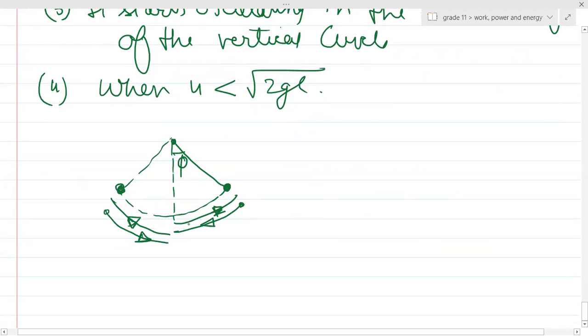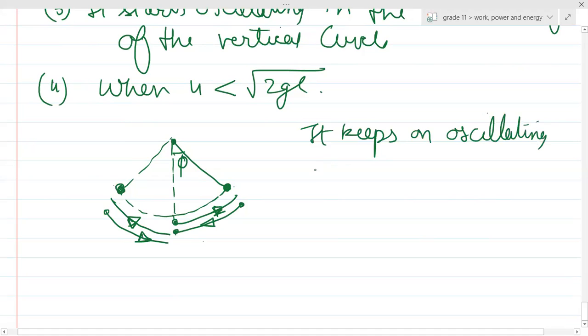So from mean position to extreme position, from extreme to mean, then mean to the other extreme and the other extreme to mean again. It will keep on oscillating like this.